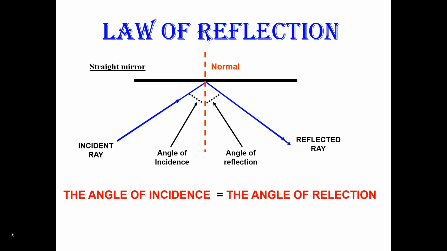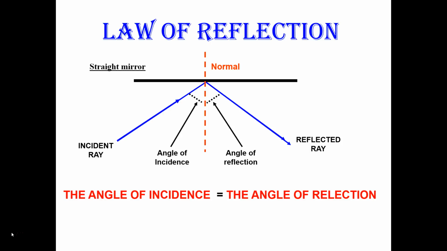The angle of incidence must equal the angle of reflection, and that's it. That's the law. Angle of incidence must equal the angle of reflection. What's important to understand is that the angle of incidence is not measured between the face of the mirror and the incident ray. That's the most common mistake I see.